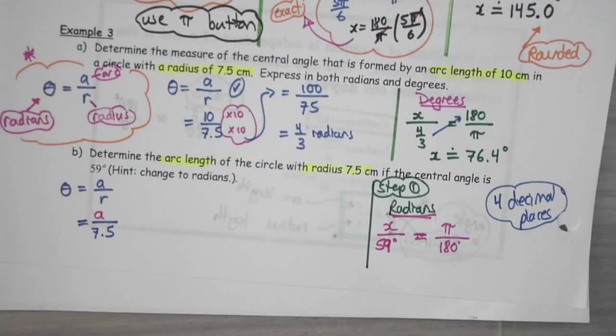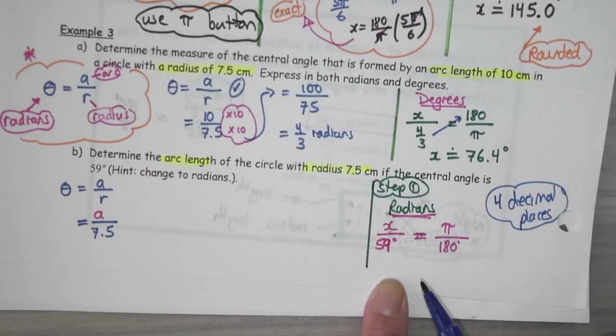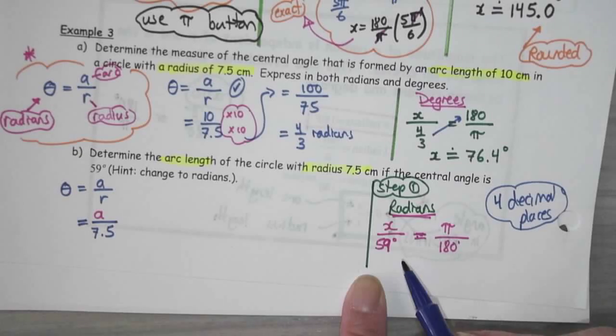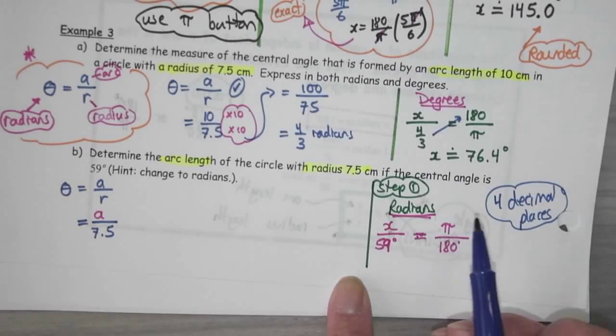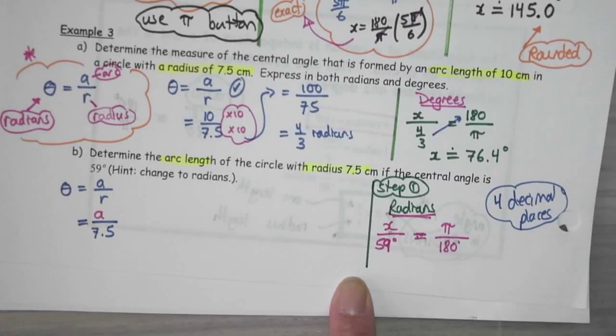Think about it this way. We just converted. Pi is 3.14 equals 180 degrees. So 3.14 now is 180 degrees. Every decimal counts, right? 3.14 is now 180 degrees. So rounding it to the nearest radian means that we've rounded it to the nearest 100th degree.